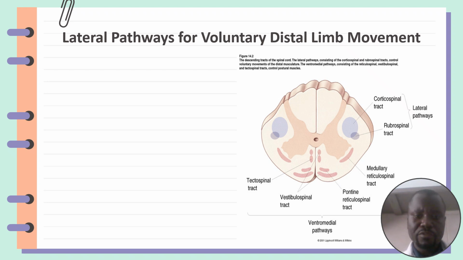Then we also have the ventral medial pathways. You can see the names related to which nuclei they originate from, and to where they are projecting. Mostly you'll see they project to the spinal cord to innervate or influence the anterior horn, where the cell bodies of the lower motor neurons are located.